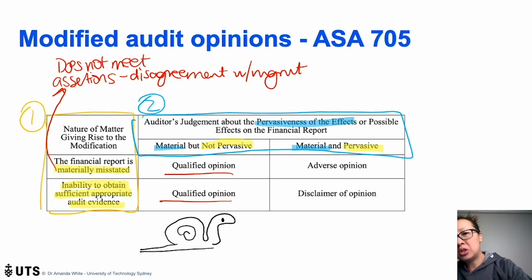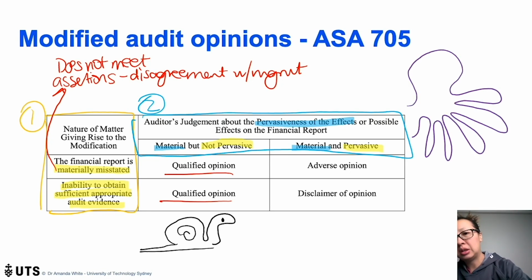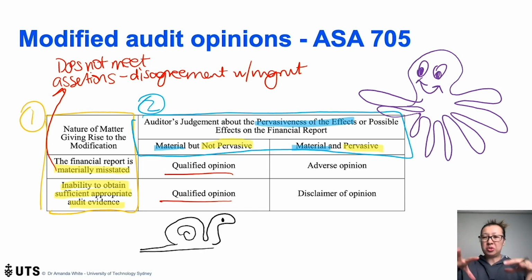The other option is the right-hand column, which says material and pervasive. And I'm going to use an octopus. Never can draw an octopus with enough legs. All right, so here's my octopus. You see an octopus on the financial statements, and its tentacles go everywhere.